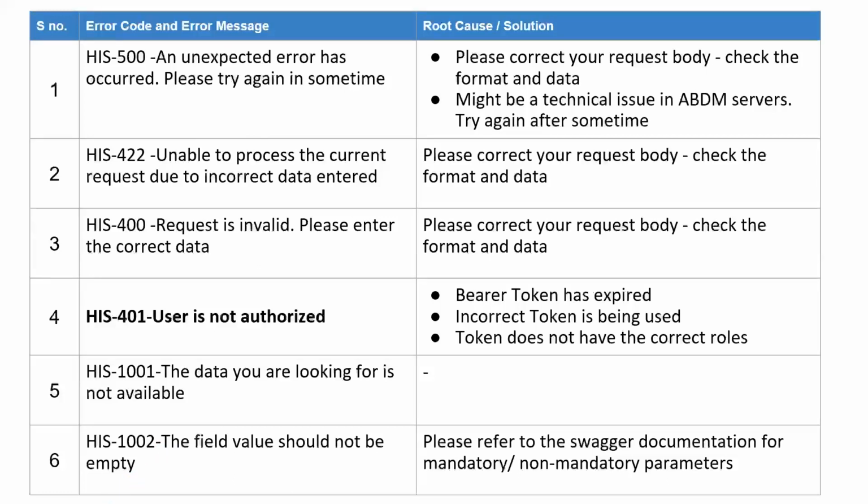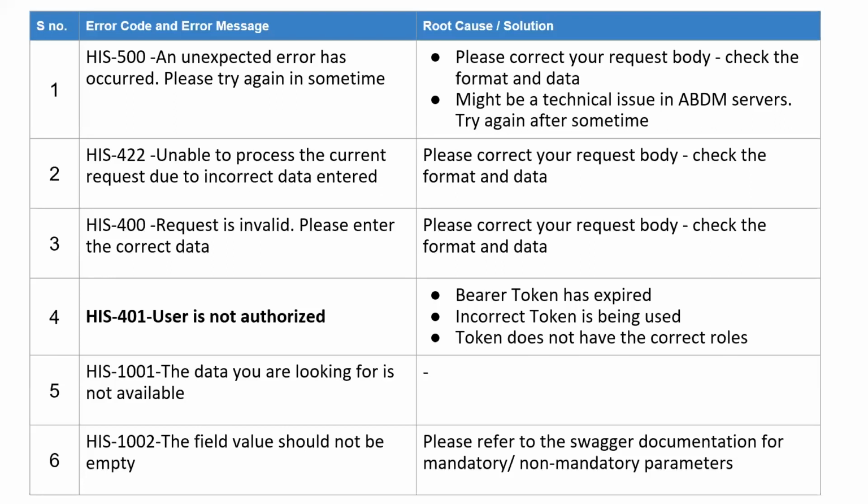Basically, if you want to access any PHR API, you need to pass an access token as part of the header. You use Authorization as the key, and the value should be bearer followed by the token. If the token or the value is wrong, you get this error.